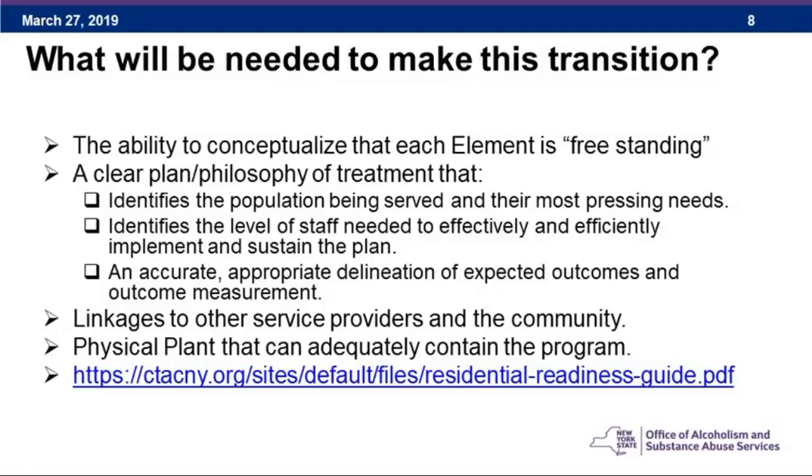And, as we're looking at this transition and trying to conceptualize the implementation, you've actually got to look at your physical plant. Can the physical plant adequately contain the program? And what I mean by that is, you may have the capacity to do one element of care, right?